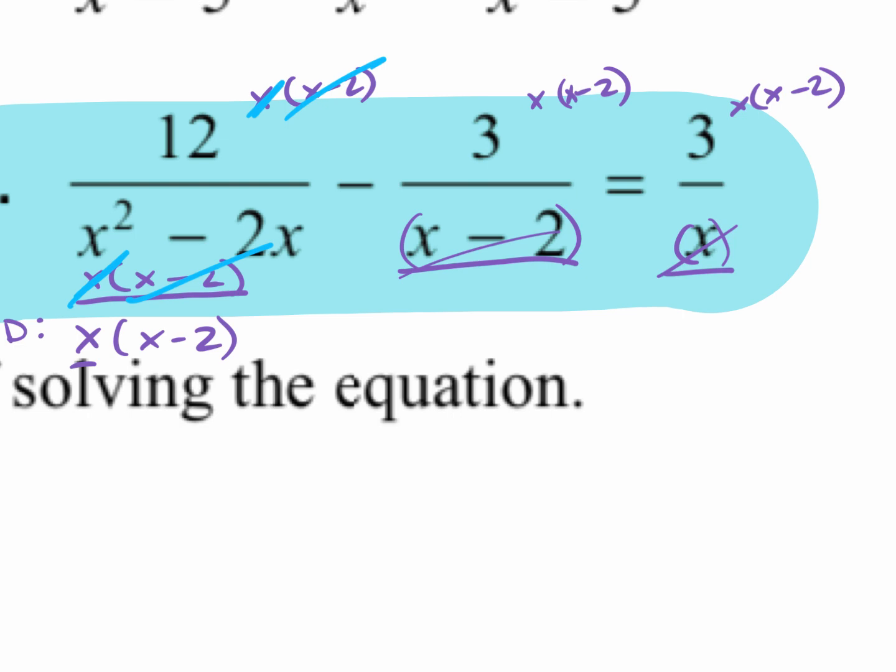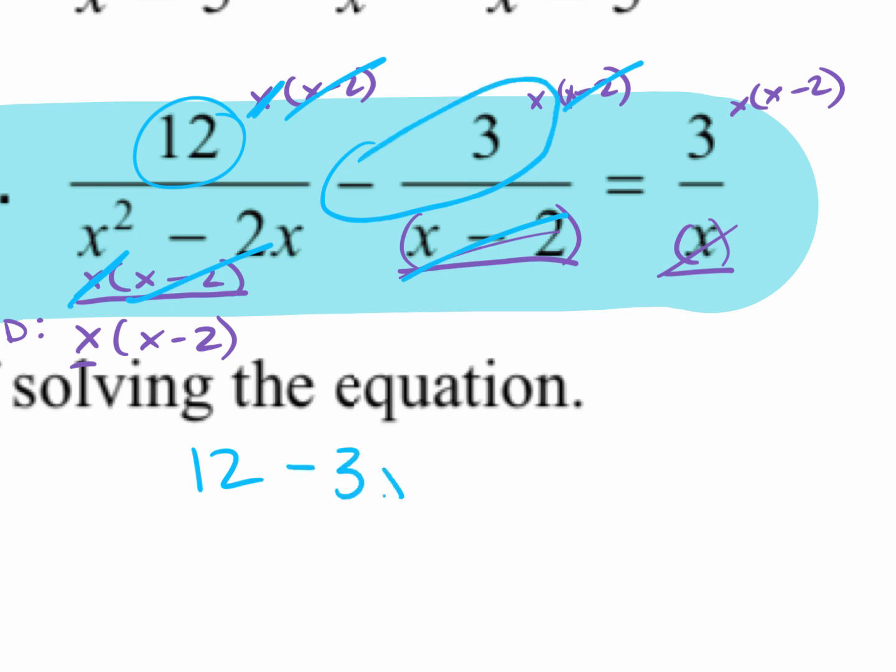So what are we left with in our first fraction? 12. Second fraction, what cancels? x minus 2's. So what are we left with here? Just 3x? Negative 3x. Do not forget the signs. And then it's equal to, what cancels in the third one? The x. So 3 times x minus 2.